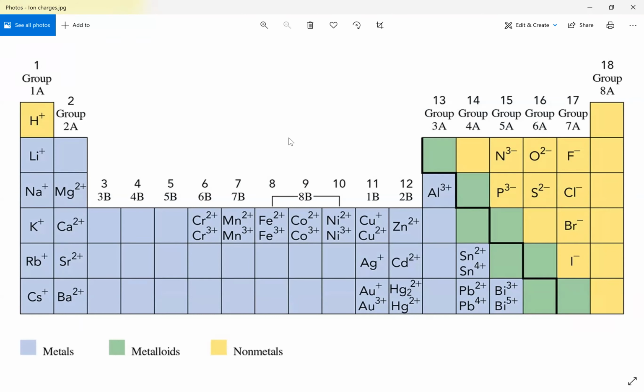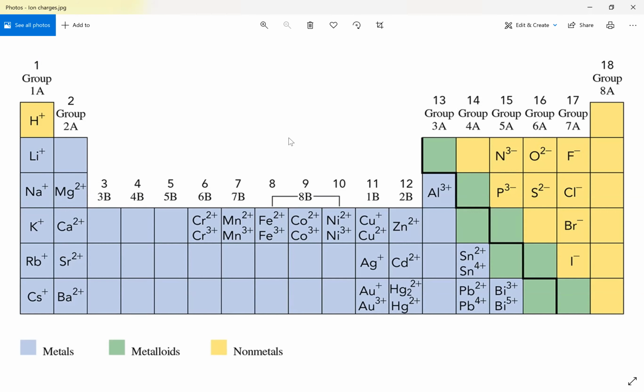That's one way to label the group. The other way to label the group is writing a number and the letter A. So it's 1A, then 2A. The middle small section of the periodic table, we're going to skip. Then we're going to go to the right side of the table and call it 3A, 4A, 5A, 6A, 7A, and 8A. Can everybody see that?